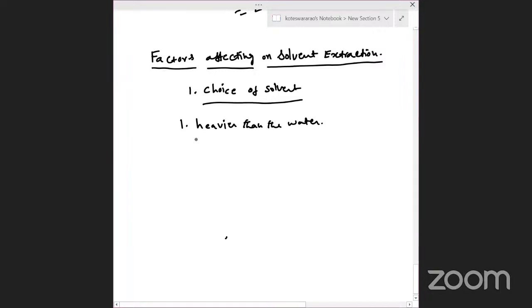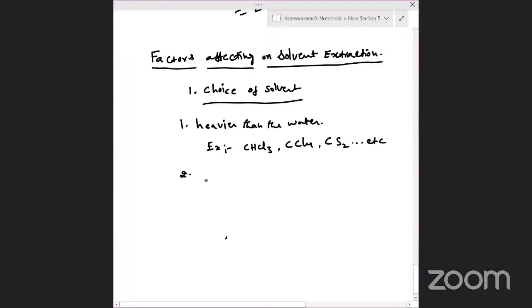For example, we have so many solvents; some of them are chloroform, carbon tetrachloride, and carbon disulfide. Some of them are examples of solvents which are heavier than the water.